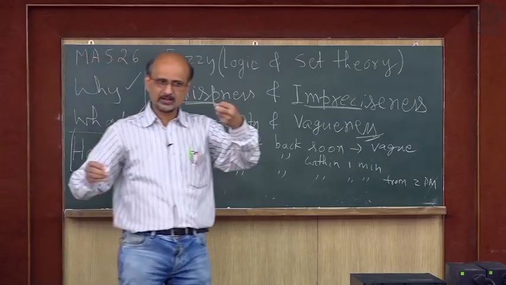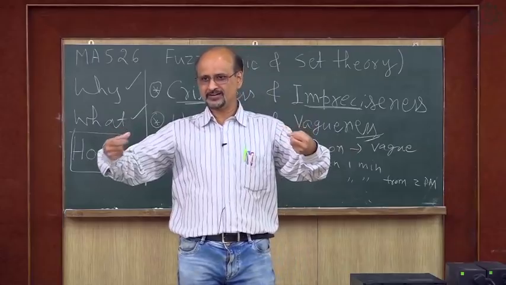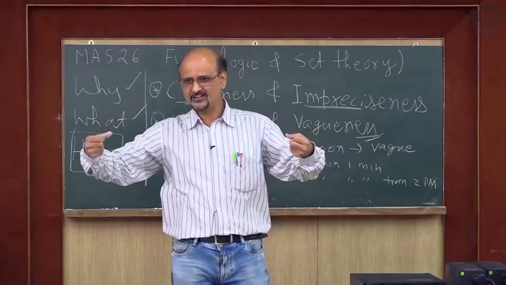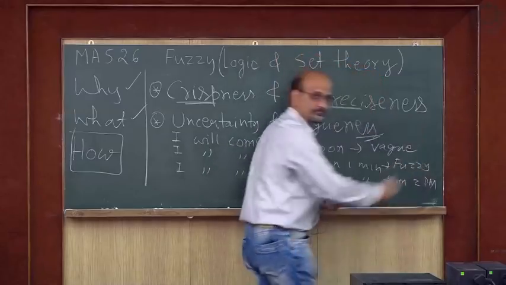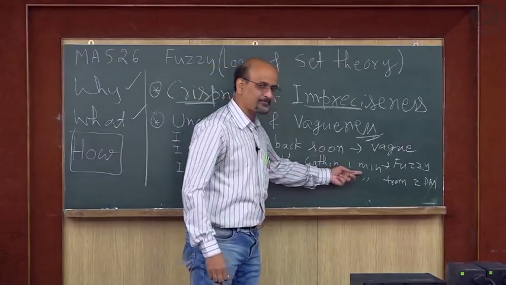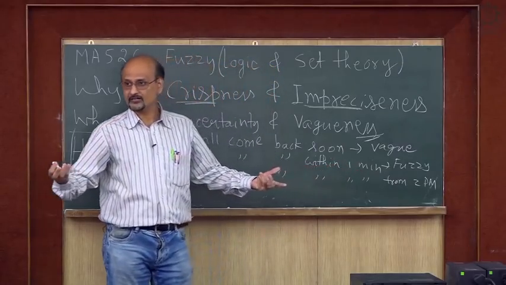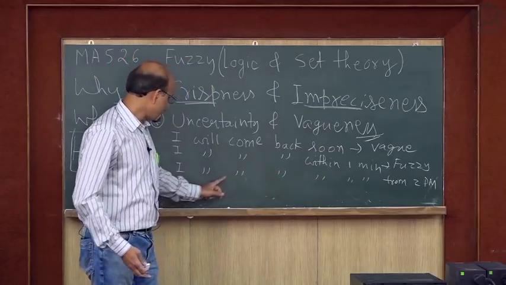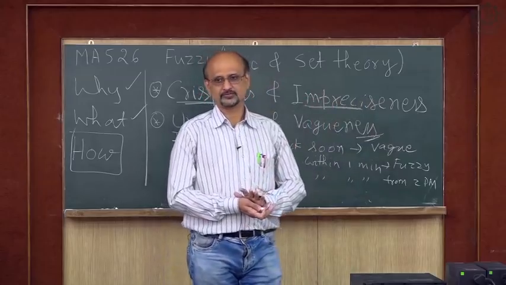You have the limit from 0 minute to 1 minute, but in between also you have different answers. Na? So it is fuzzy. Okay? Now, "I will come back within 1 minute", but 1 minute from when? That is the question. From when? "I will come back within 1 minute from 2 p.m." What is that?